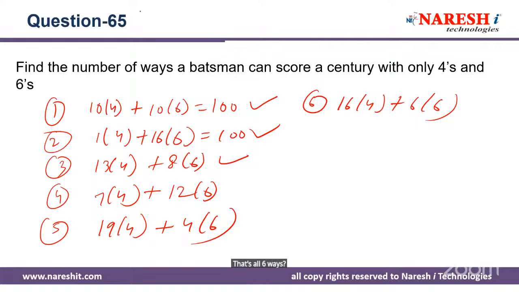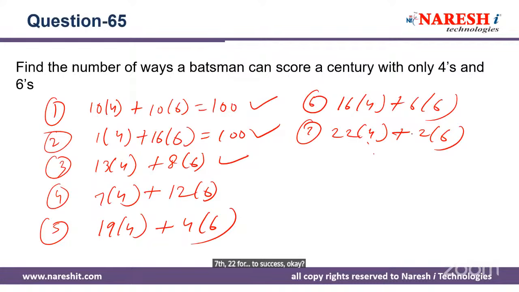Do we have any other possibilities? 22 fours, 2 sixes. Very good. We have one more answer, the seventh: 22 fours, 2 sixes.